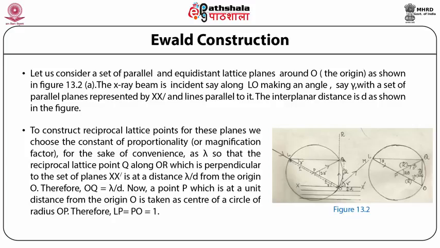Now a point capital P, which is at a unit distance from the origin O, is taken as the center of a circle of radius OP. Therefore, LP is equal to PO is equal to 1.